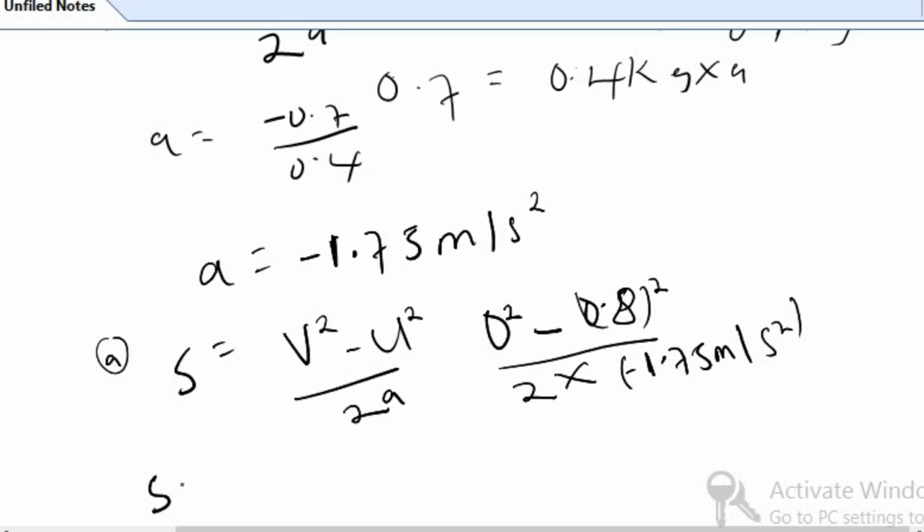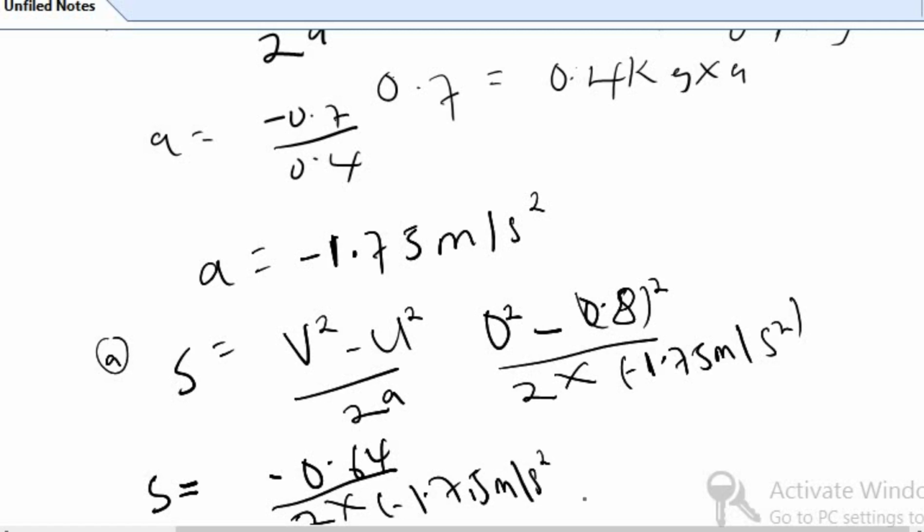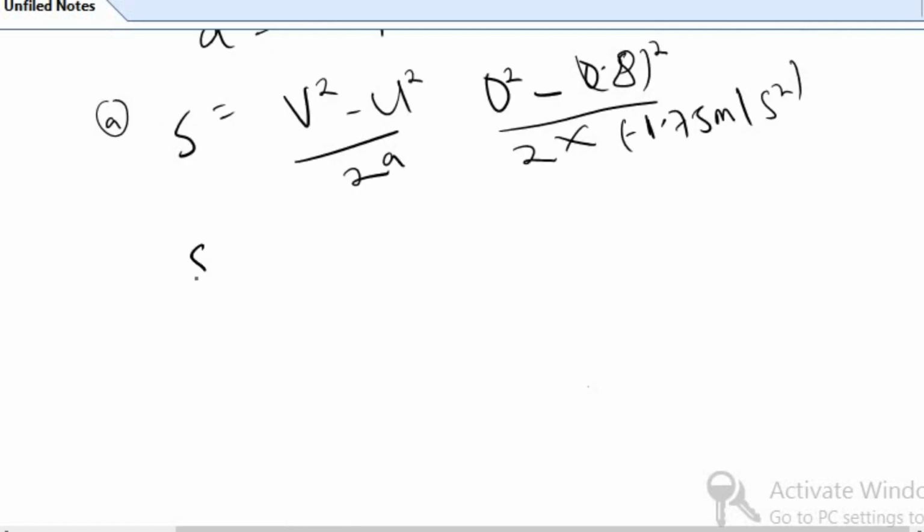Then we say s is equal to minus 0.64 over 2 times minus 1.75 meter per second squared.